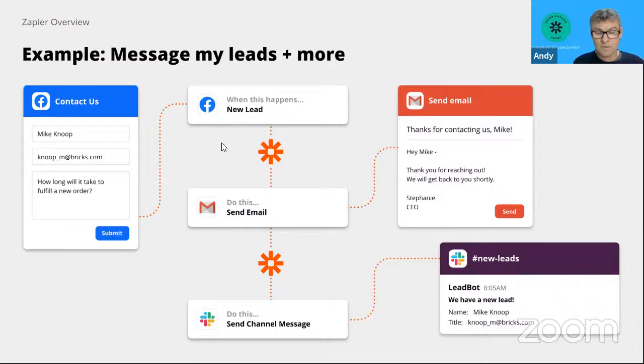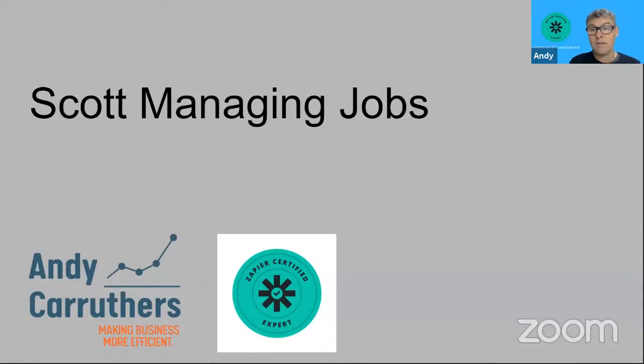So we've got a bunch of different examples that we're going to talk through to show you how Zapier can be used. The first couple of examples I've got are from Scott's business, and the first one is around managing jobs.